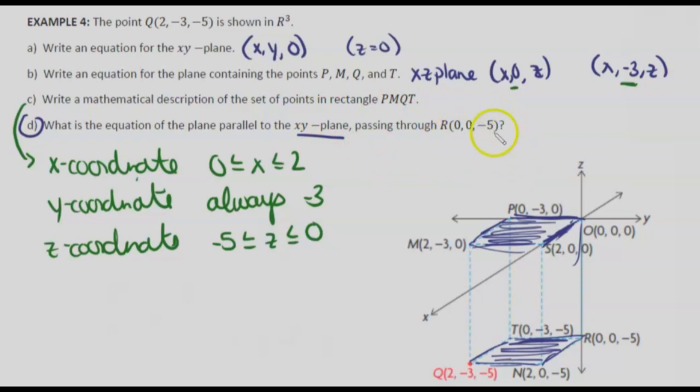So we know that that -5, what's going to happen there is we're going to take this plane that, of course, extends in all directions, and we're going to move it down 5 units. So the question is actually asking, what is the equation of this plane right here? Of course, that extends in all directions.